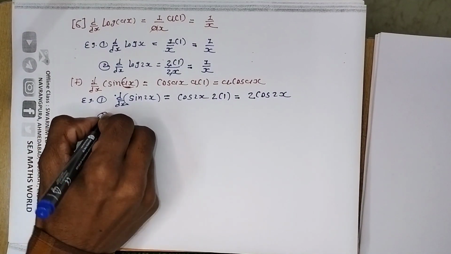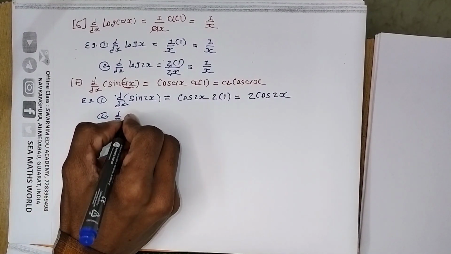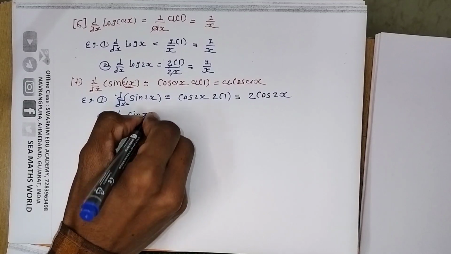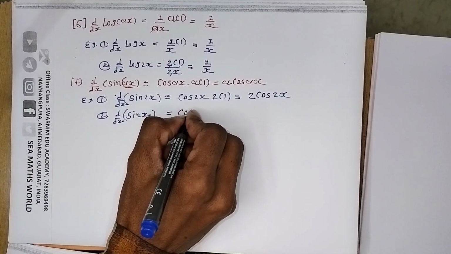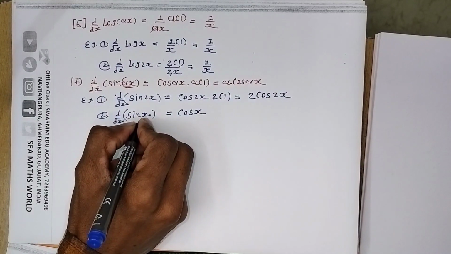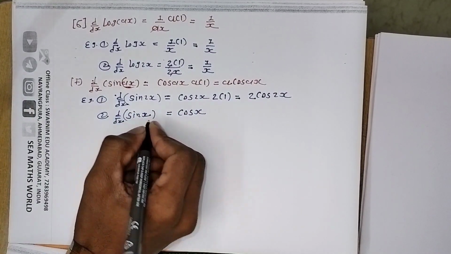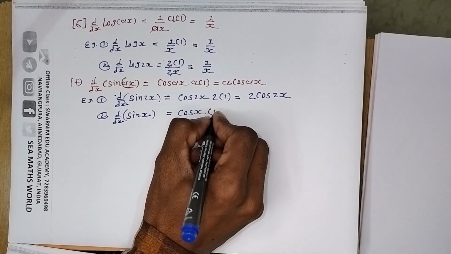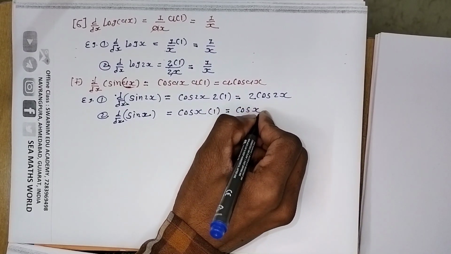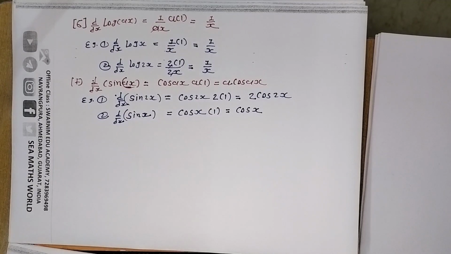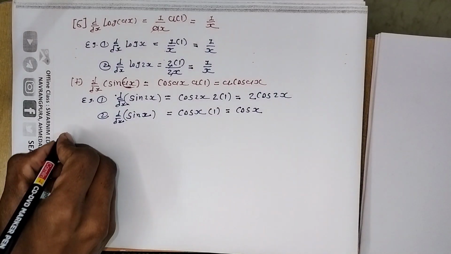One more example, differentiation of sine x simply. Differentiation of sine x is cos x. Here the angle is x, and x differentiation will be 1. So finally cos x.